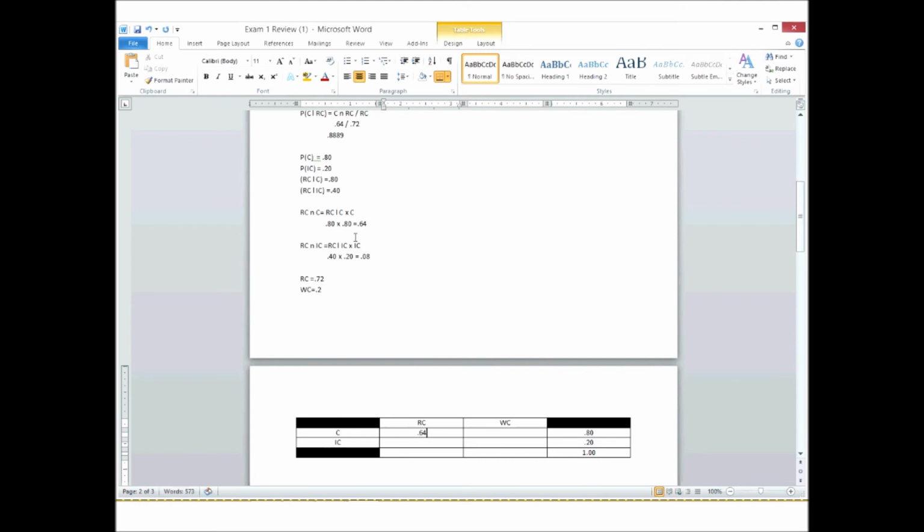We also went on and said RC and IC is 0.08. Well, you add these two and you get this 0.72. And that is why you get 0.28 for wrong change and 0.72 for RC. Just like how you add them here, you add them normally just like that. Because if you look, in both cases, RC and IC both share RC. So your answer would be 0.8889.